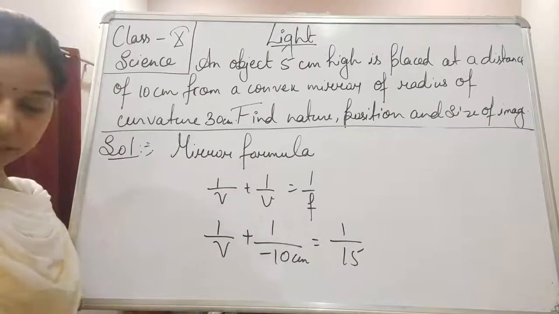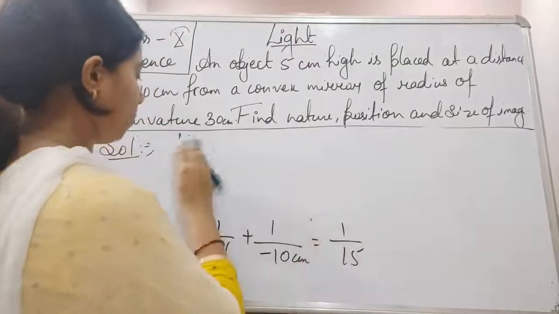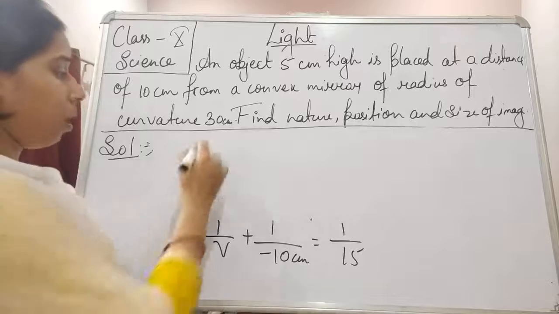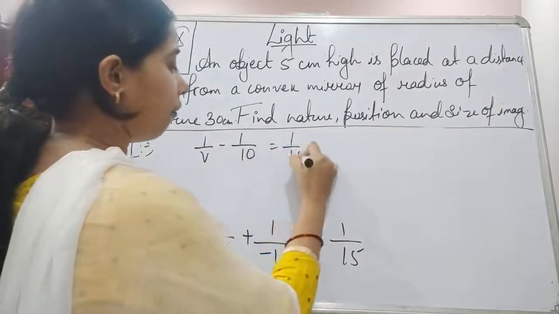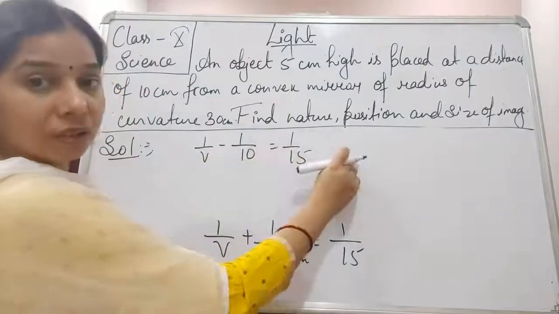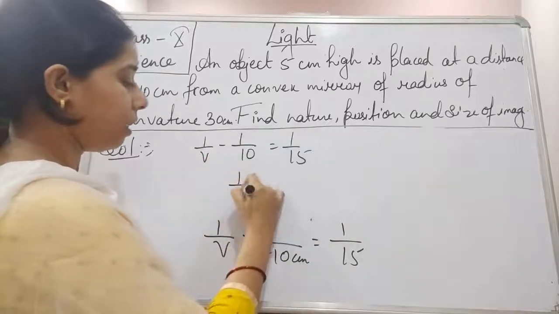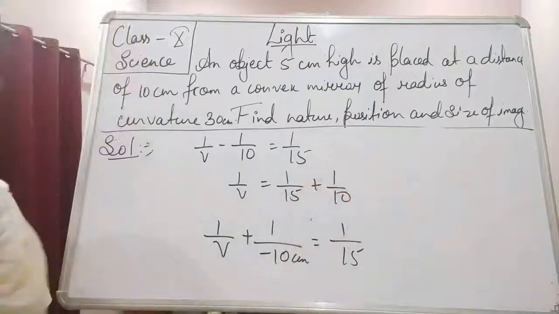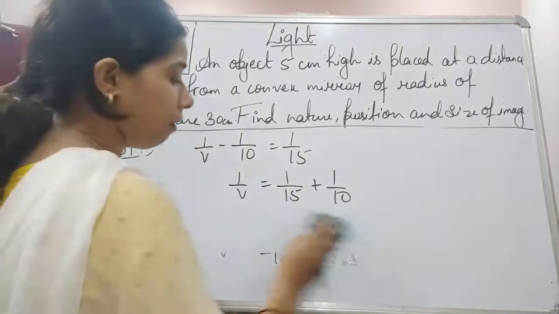We can also write it as 1 by v minus 1 by 10 is equal to 1 by 15. Now this 1 by 10 goes to the other side and the minus becomes plus. So 1 by v is equal to 1 by 15 plus 1 by 10.